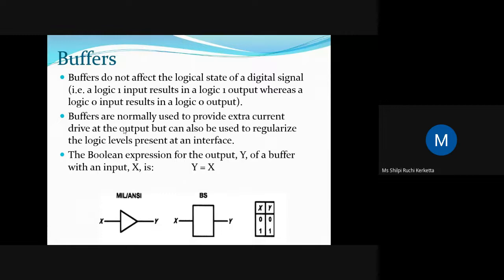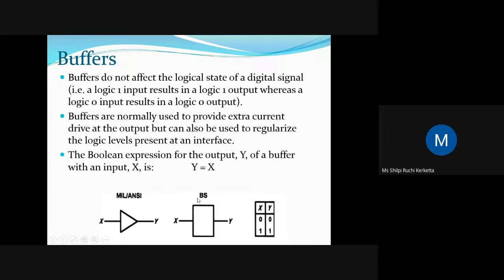So what is the Boolean expression for the output? Here we take the output as y and the input as x. So our Boolean expression will be y equal to x. This is the symbol for the buffer, and this is the Boolean symbol. This is mostly not required, but as it was given in the book, I have put it here.